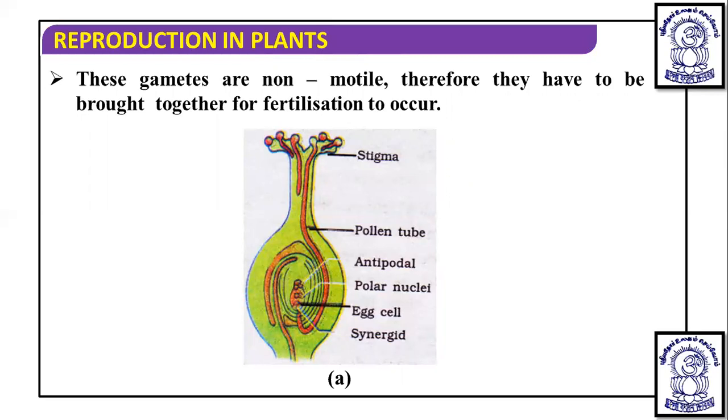Here you can see the pollen tube developing. This is the stigma, and this is the pollen grain received from the anther.